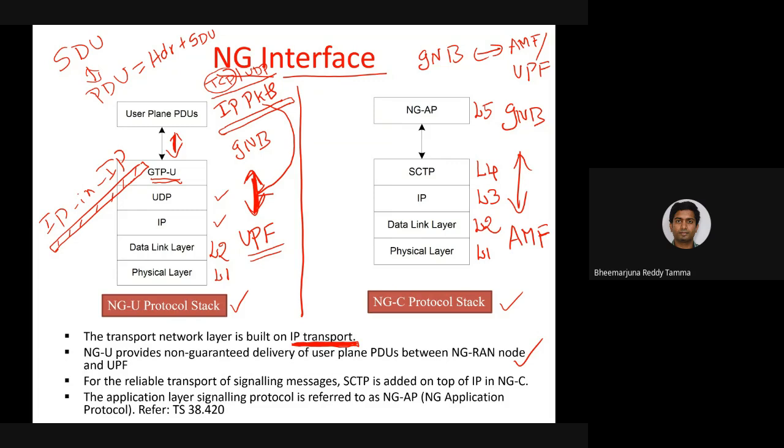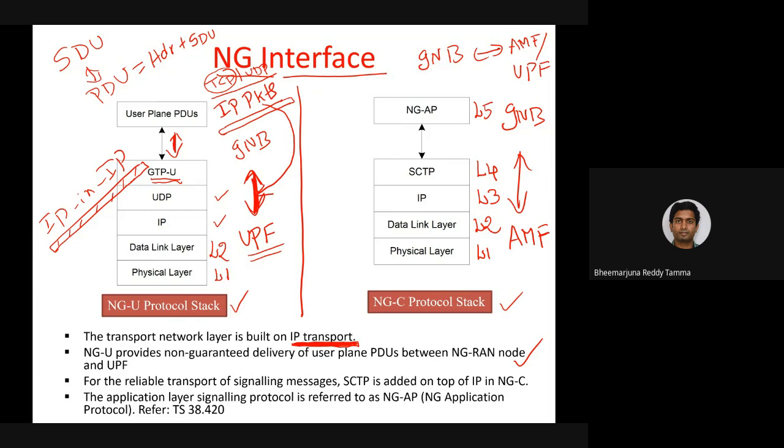Because SCTP is also a reliable protocol like TCP, it provides the guarantees or the reliability that you require, something similar to the way you get with TCP. So I am repeating again, in the user plane, because we are using UDP as the transport protocol, there is no reliable delivery of the messages between the gNodeB and UPF.